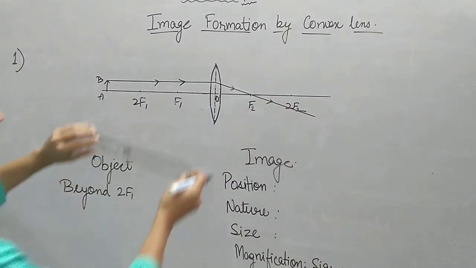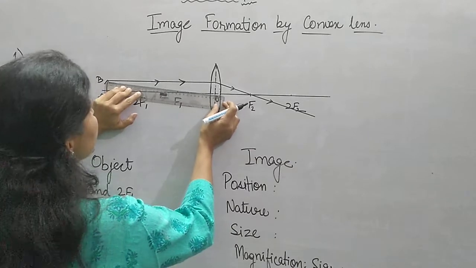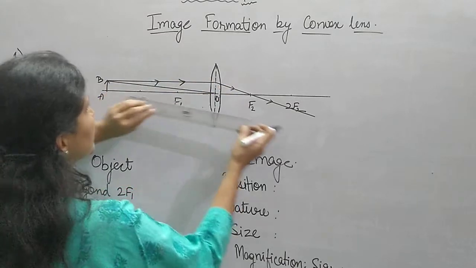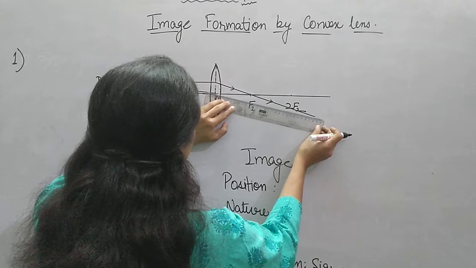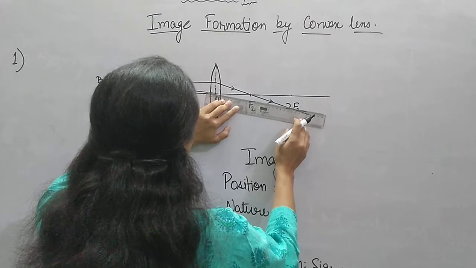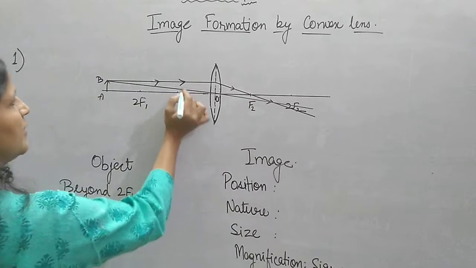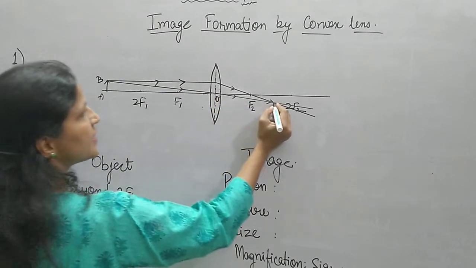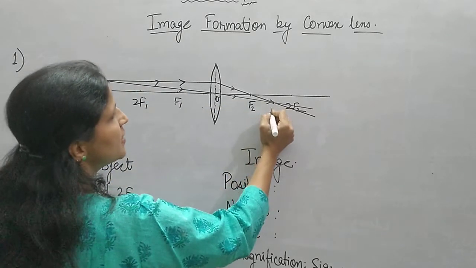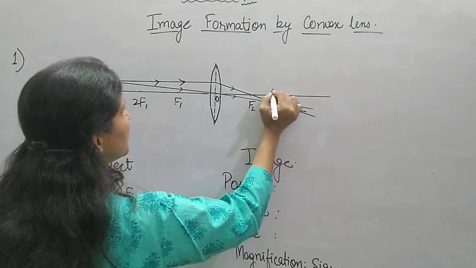Suppose the other ray that I take is through optical center, so that ray will pass undeviated. Now these 2 refracted rays, they intersect at this point. And this point has to be the image of point B. So I mark it B dash, and the remaining part of the object we draw as it is.